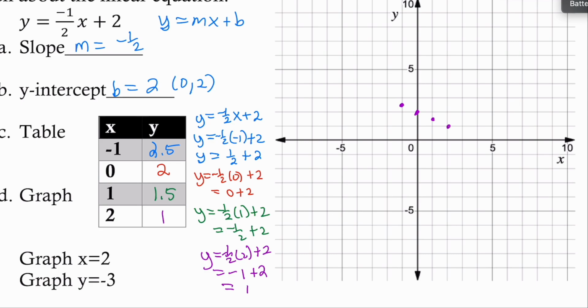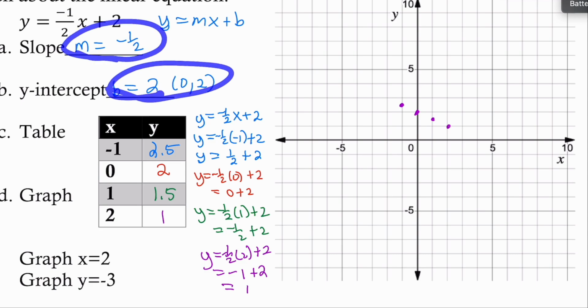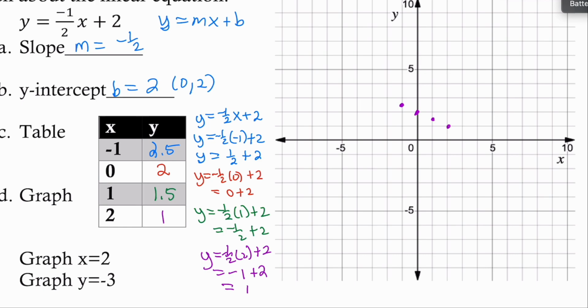Now, we also discussed graphing using the slope and the y-intercept. So we could also use that information. You might recall that means we would start at 2 for our first point. We would go down 1 and over 2 to find our next point. So you'll notice those are already points on our line anyway. So you could also graph it with that.